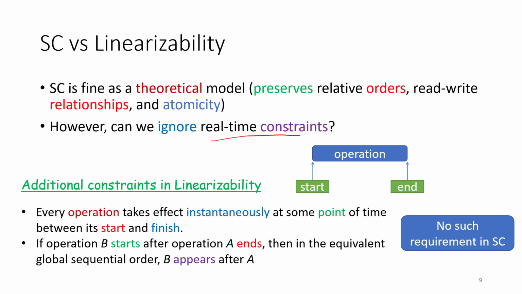If we put in additional constraints to SC, we come up with another consistency criterion. This consistency criterion is called linearizability. Linearizability is more powerful than SC, and the reason that it has been added is basically because there were issues with SC, right? And the issues were pointed out in the previous slide.